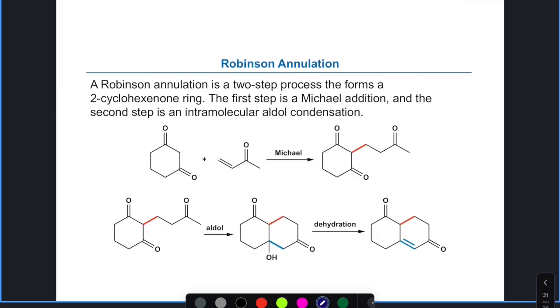The most common one we have, again, is around ring formation. That's what this was named, the Robinson annulation. The word annulation there means the formation of a ring. What we're doing here is actually a Michael addition like we've seen before. The Michael addition is between our doubly stabilized nucleophile and the conjugate addition.